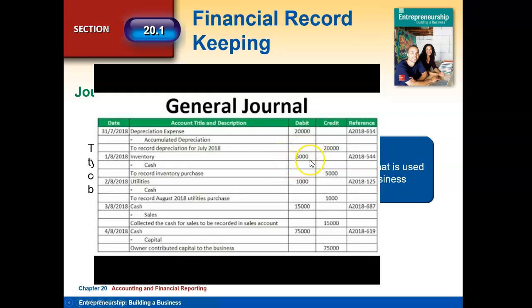So there was a purchase of inventory. It went up, and then cash went down. And this is just the way businesses record their entries. And at the same time, these amounts are impacting the various accounts. So your cash account will be going down $5,000, and inventory will be going up $5,000.